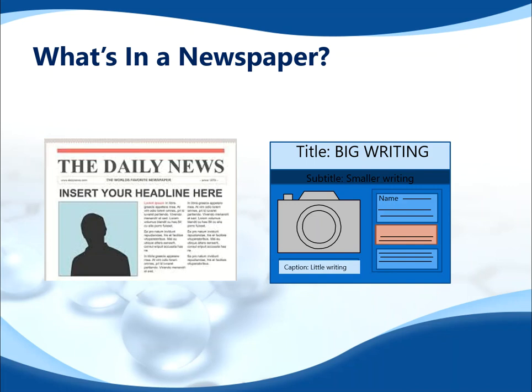So every text has a purpose, and people structure text in order to realize this purpose. So the purpose of a newspaper is to sell. It's not to inform you, that's secondary. It's to sell.